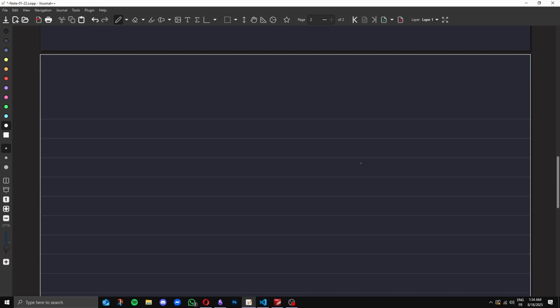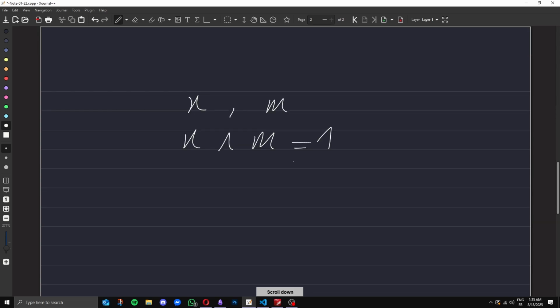Okay, so let's recall what a modular inverse is. Let's say we've got two integers, x and m. m is going to be our modulus, and x is some integer. We have a condition here: x and m must be coprime, so their greatest common divisor is 1. If so, there exists a certain integer, which we will note as x to the minus 1, such that x multiplied by x to the minus 1 is congruent to 1 modulo m.